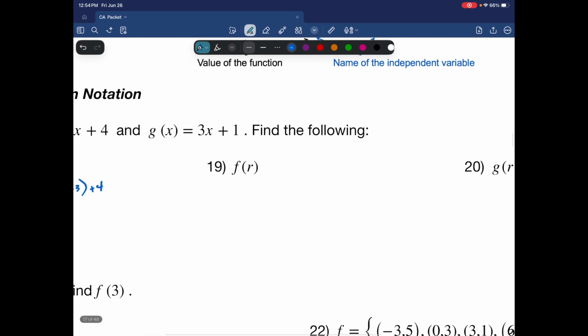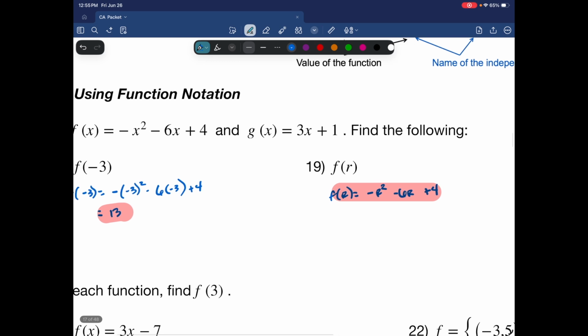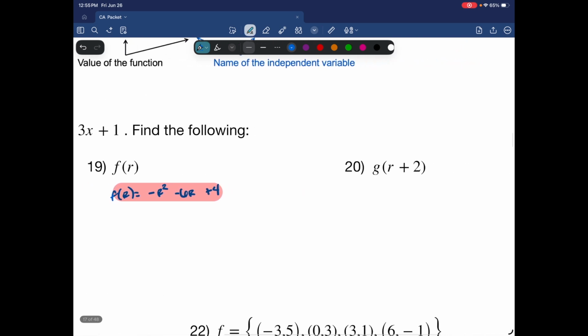On 19, I'd change x for r, and so all I'm doing is rewriting this with r. So this is going to be negative r squared minus 6r plus 4. Now, you'll notice in the instructions it gives you f and g. So on 20, it says g of r plus 2.